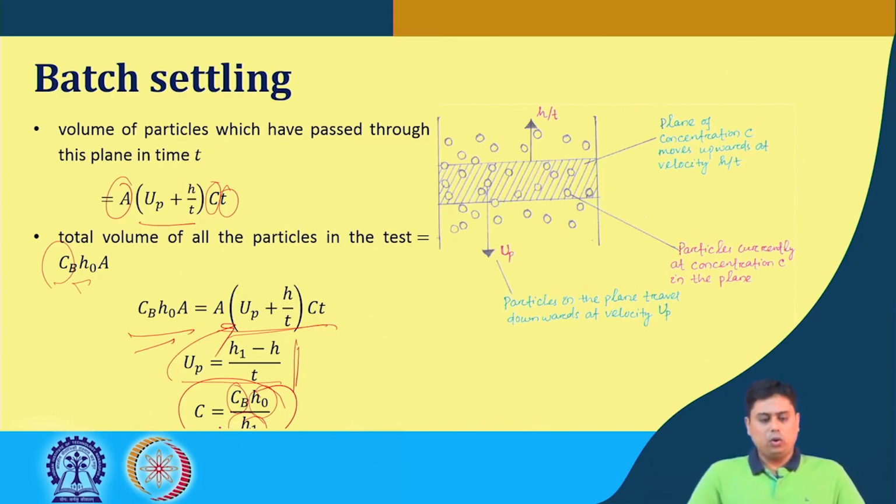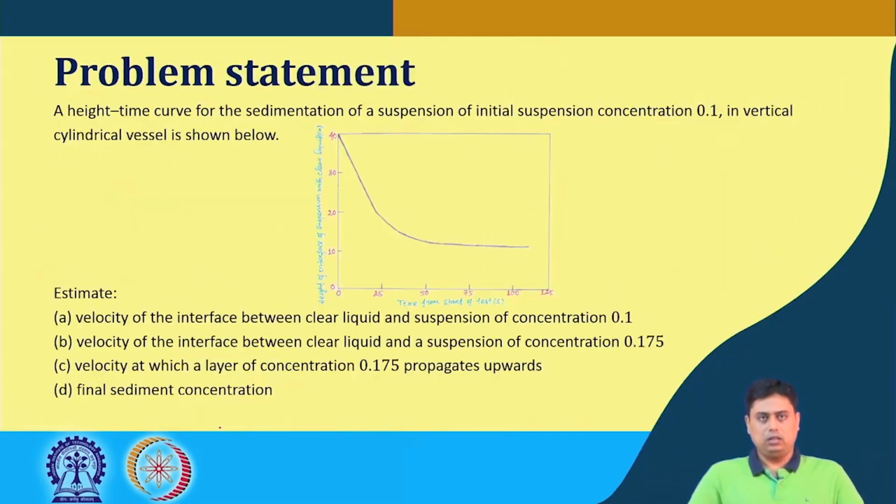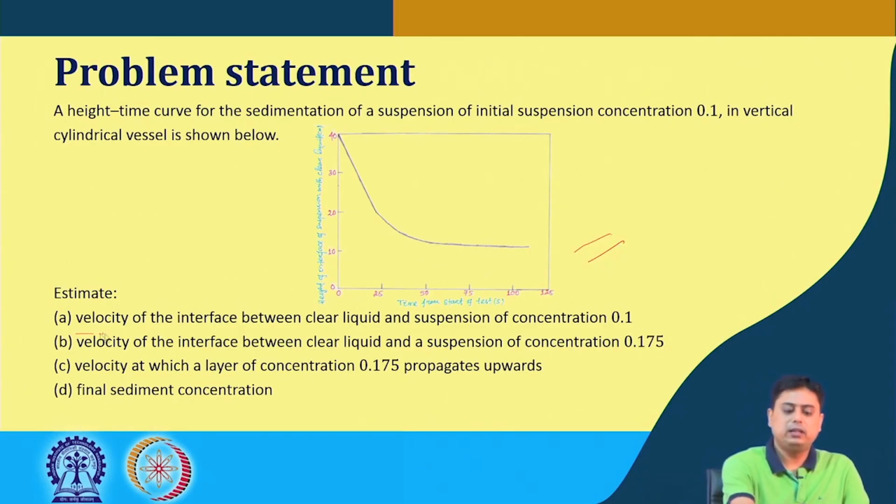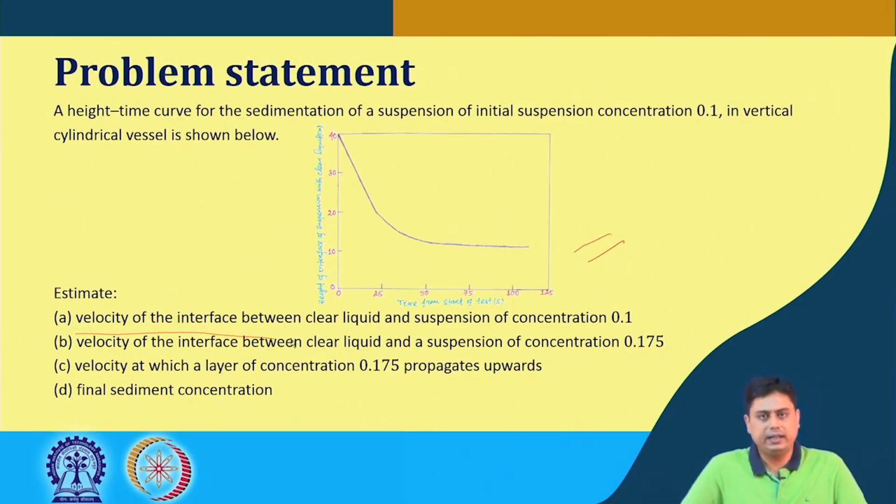So, if we look at one example, then possibly the scenario would be much clearer. Let us say a height versus time curve for sedimentation of a suspension of initial concentration 0.1 in a vertical cylindrical vessel is shown below. This is our height versus time curve. Now, we have to estimate the velocity of the interface between clear liquid and suspension of concentration 0.1.